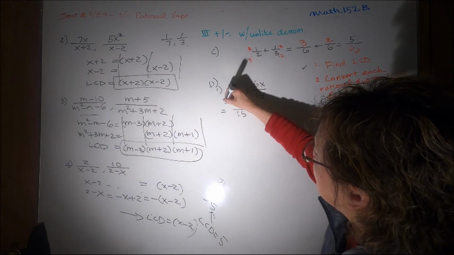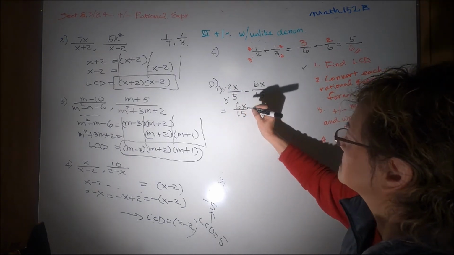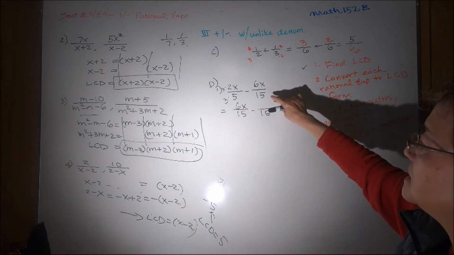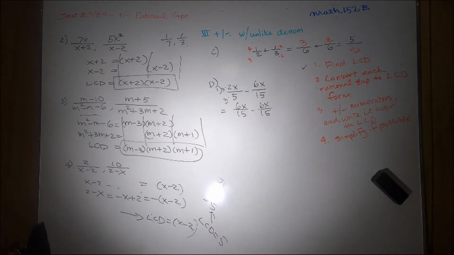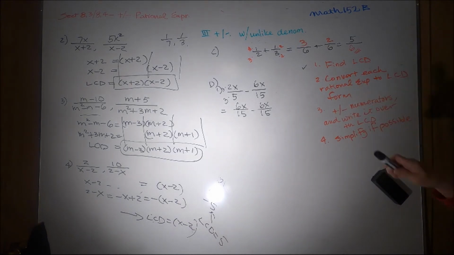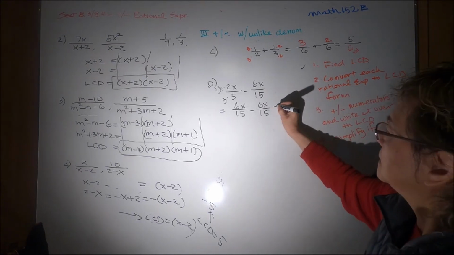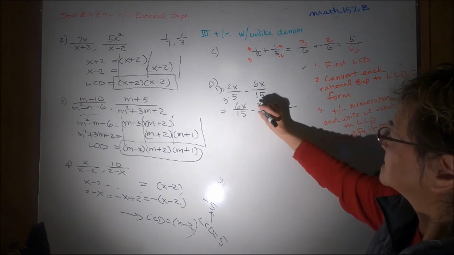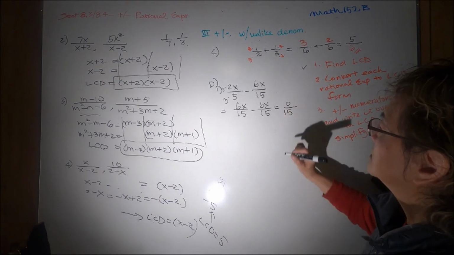Then this one has to times 3, that would be 6x, right? Then this one, same, so we don't have to do anything for that. Then we already converted each rational expression to LCD form. Then we will combine the top minus, that would be 6x minus 6x is 0, right?